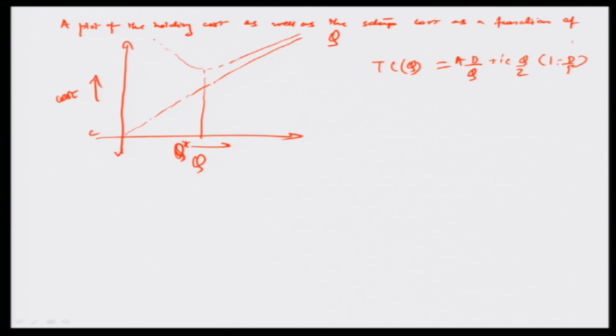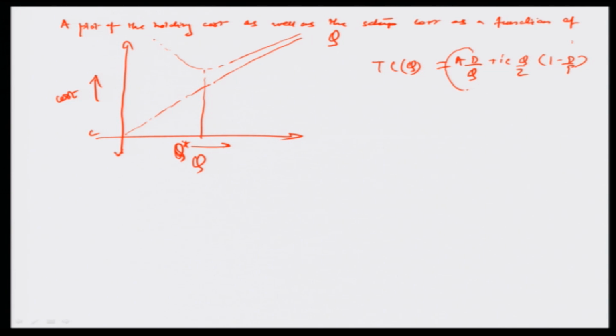And the cost coming from the annual setup cost has a 1 over Q relationship, which comes like this, and I can split this up into the annual holding cost, the linear function, and the annual setup cost.